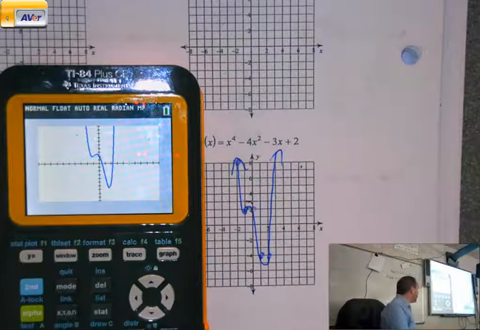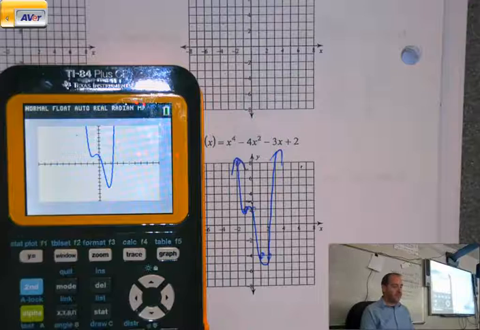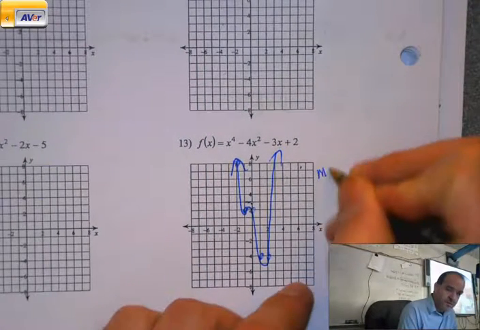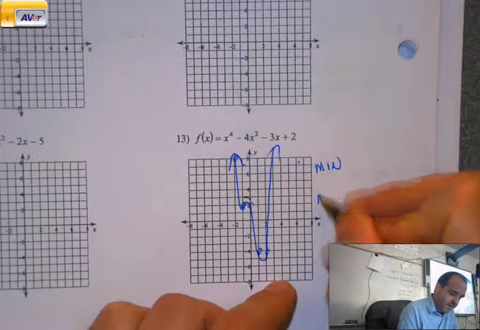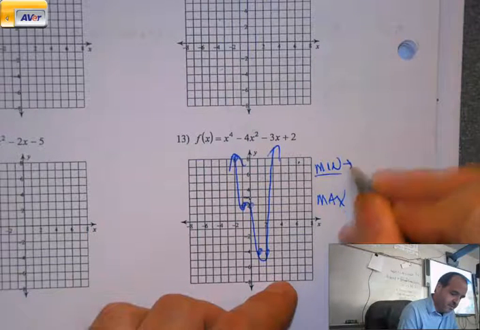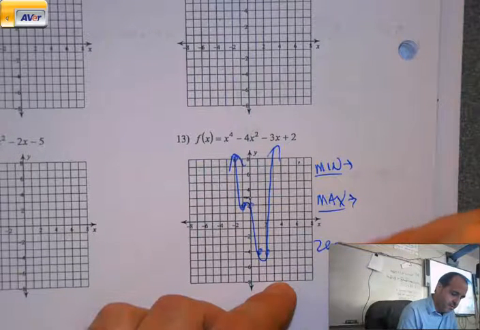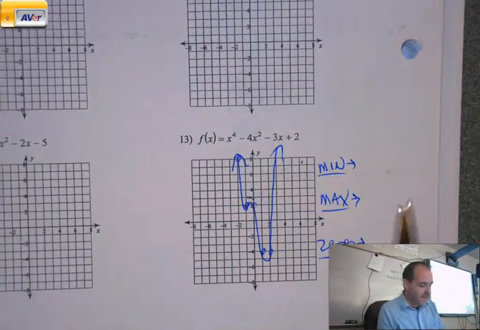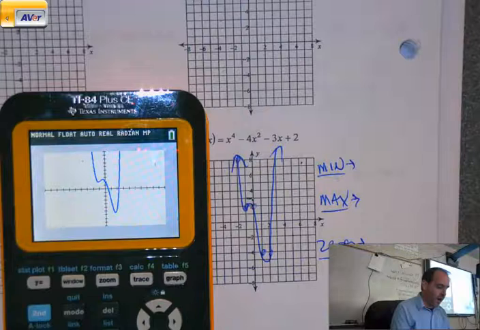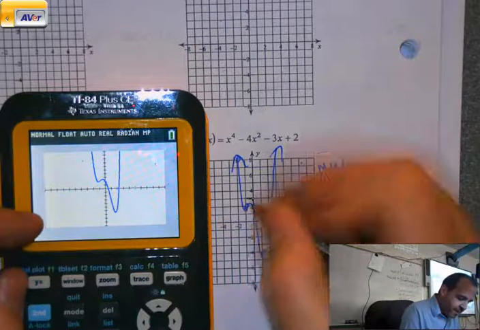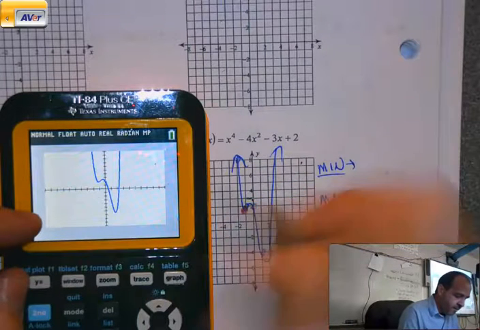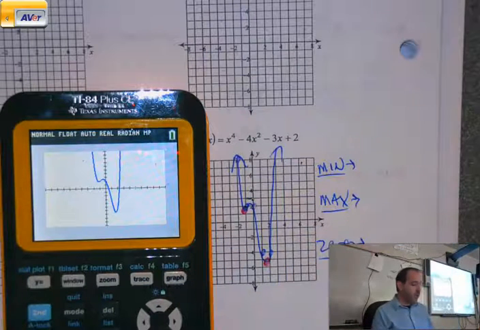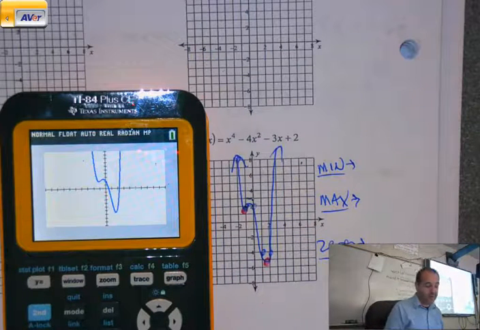And so what I tend to notice right away with this, when I'm looking for all these values, is that this time, if I take a close look, whether it's on the calculator or my graph, it looks like I've got a minimum here, then it goes up, then a minimum down here somewhere. So it looks like I got two of them.